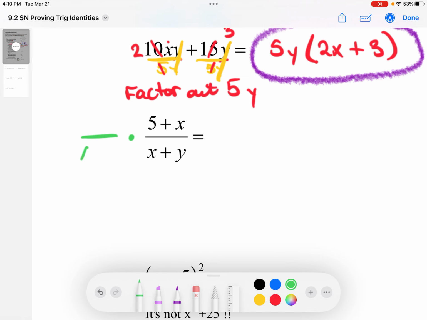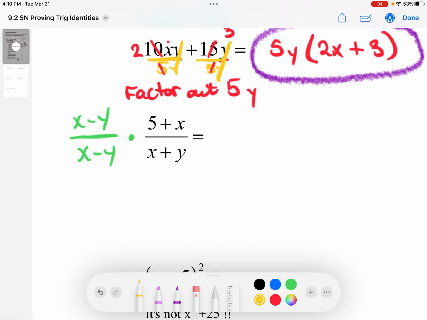The conjugate changes the sign in the middle. So this problem has a denominator of x plus y. We can multiply top and bottom by x minus y. Okay, and this will allow us to get squared terms in the denominator if that's what we need. Similar to what we would do if we had a square root in a denominator.